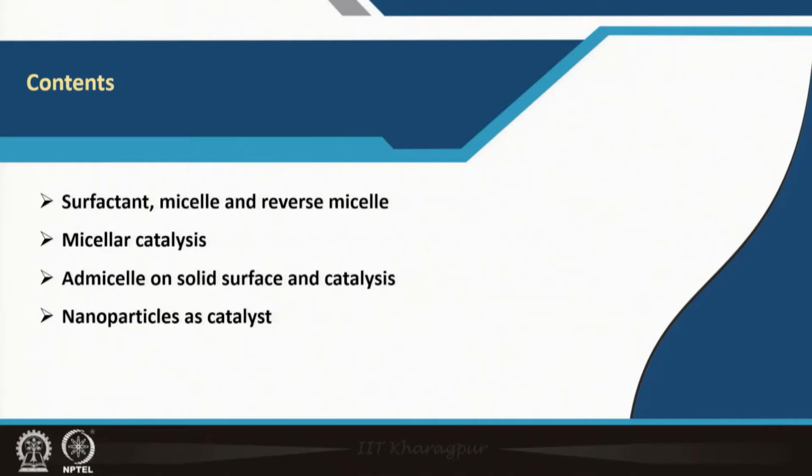Now, as I told you, catalysis is very important, and in this lecture I will talk about a little bit of research-related things, but very important for catalysis. I will talk about surfactants, micelles and reverse micelles, and how catalysis can happen within the micelle.